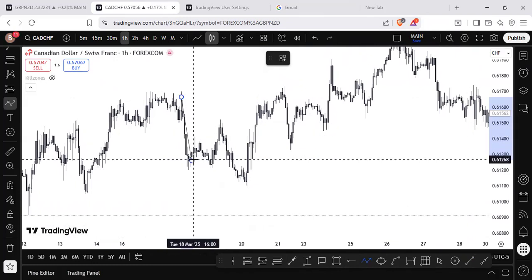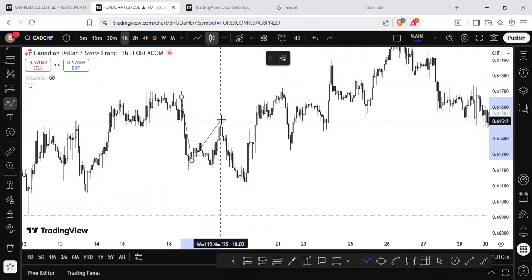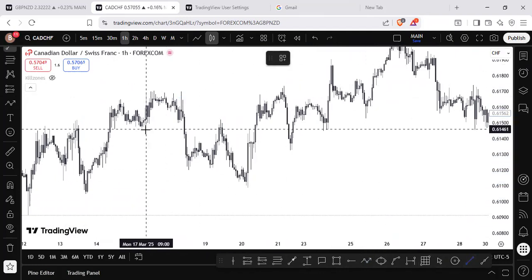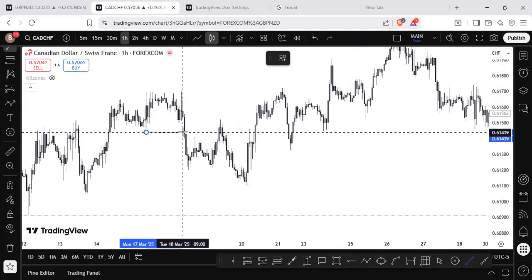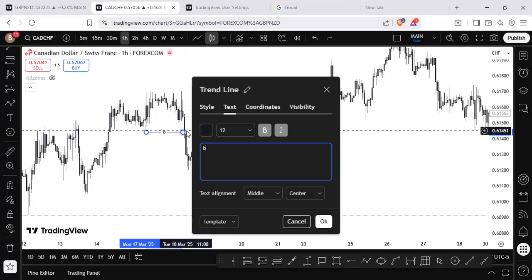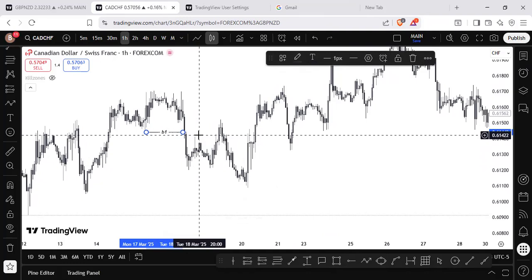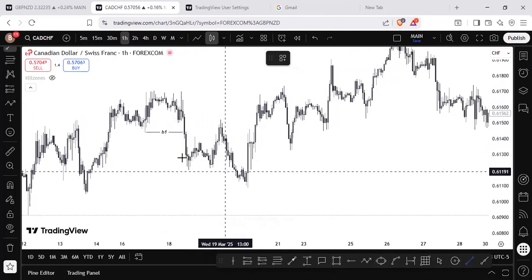Impulsive push, correction, impulse. So how do we name it? BOS1, your first breakup structure, B1. Corrected, impulse, corrected, came back again.